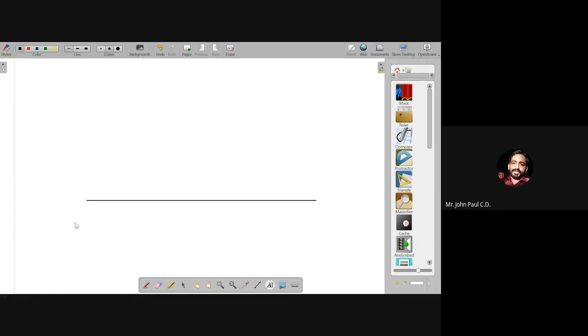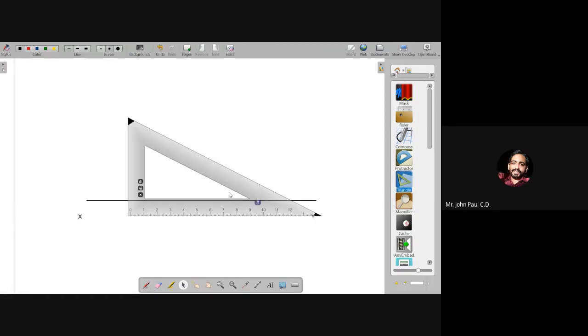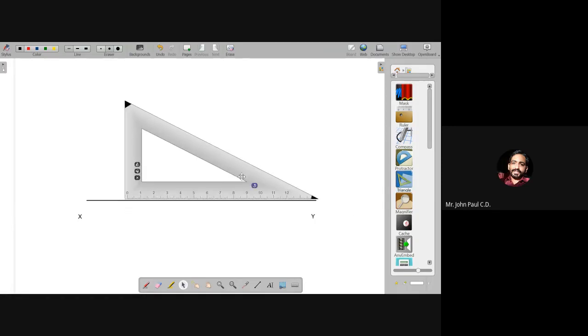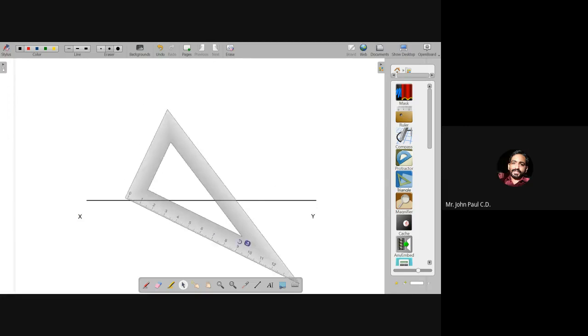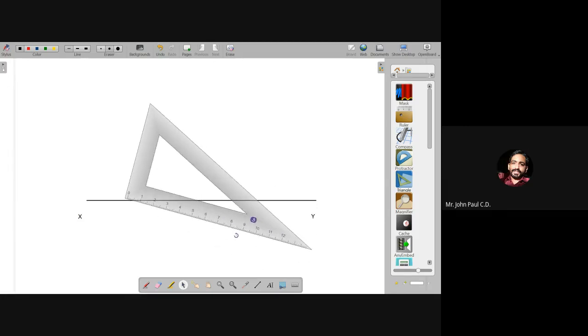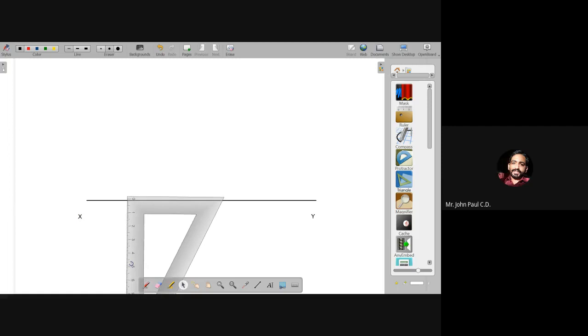So I mark the XY line. Say this is capital X and say this is capital Y. So I have to draw a line which is parallel to this one. I can use a set square here and rotate it to make it parallel.